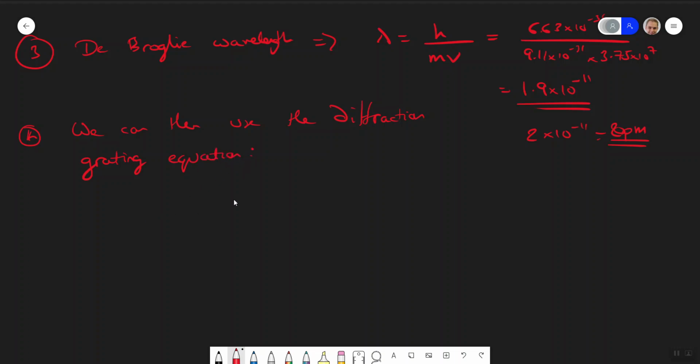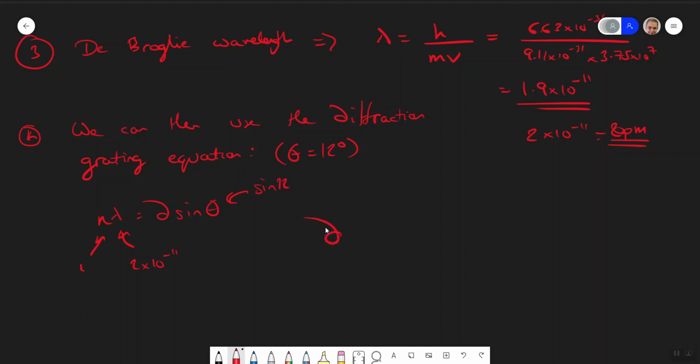Okay, we've got theta, which we've measured as about 12 degrees. So we've got n lambda is equal to d sine theta. We've gone for n is just 1. Lambda is 2 times 10 to the minus 11. And sine theta is obviously sine of 12.